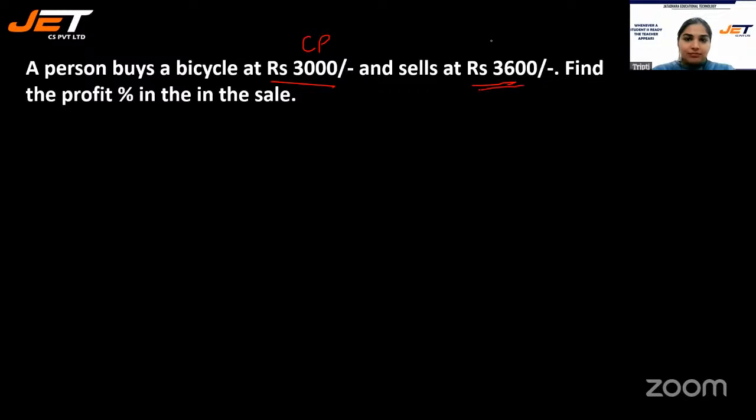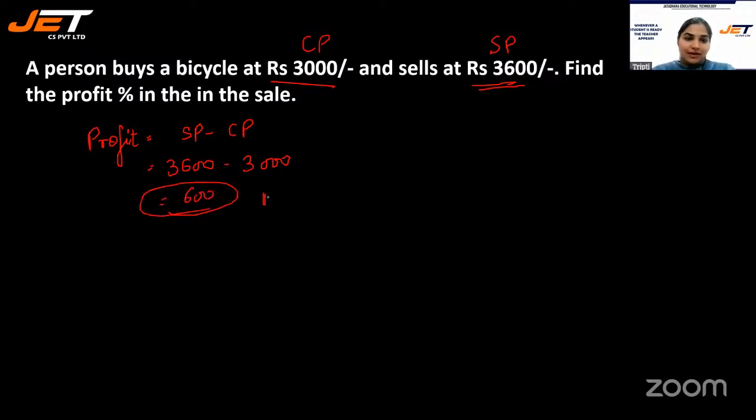This is the selling price. First, we need to find the profit. Profit is selling price minus the cost price. Selling price is 3600. Cost price is 3000. Which is equal to 600. Profit is 600.